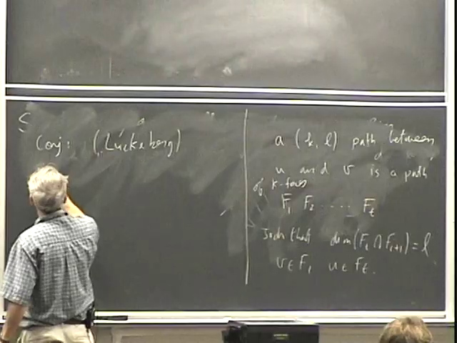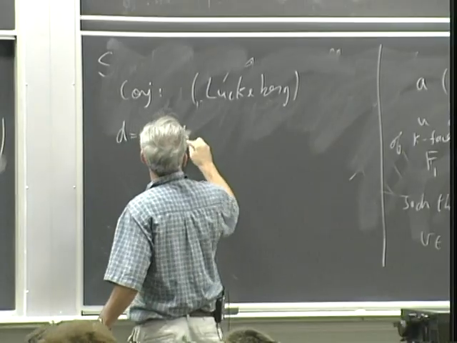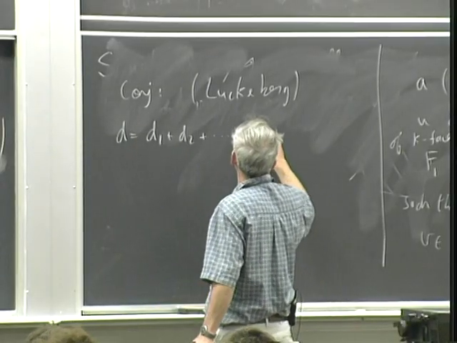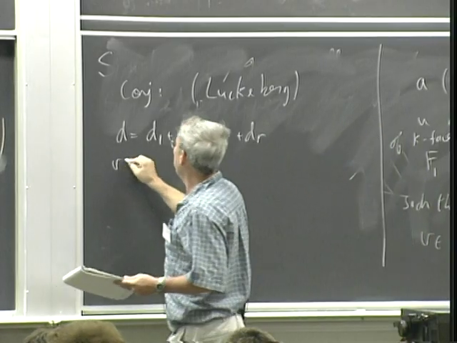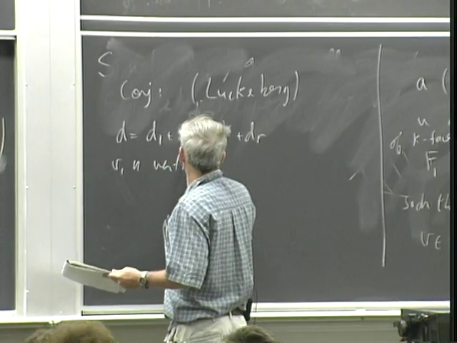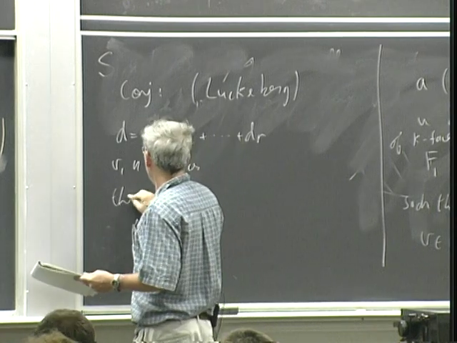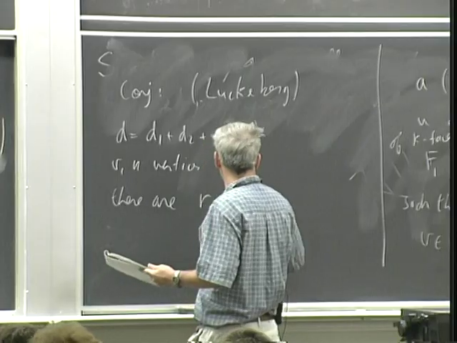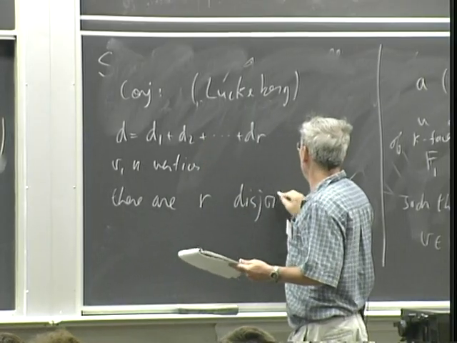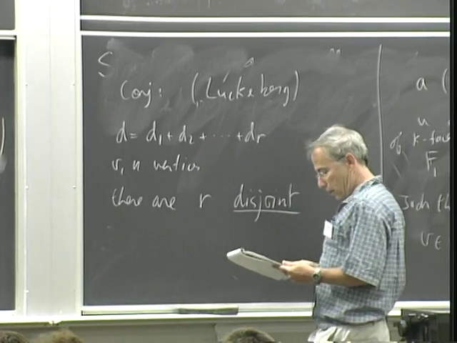Suppose that D is equal to D1 plus D2 plus up to Dr. It's any partition of the number D, and V and U are vertices, and there are disjoint paths. I will explain what I mean by disjoint.